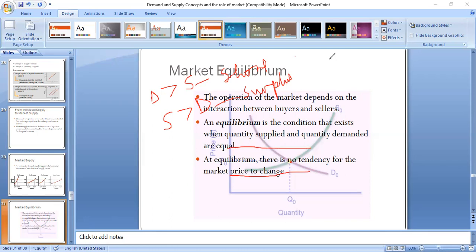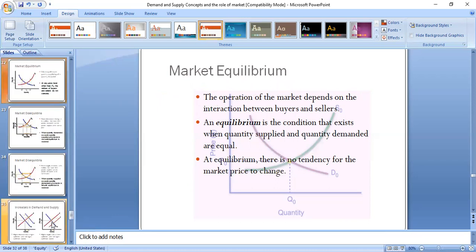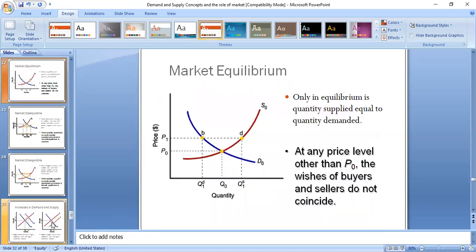right? So efficiency means that when we have a market equilibrium, we neither have oversupply nor undersupply of goods and services. Here, the quantity demanded will be equal to the quantity supplied.